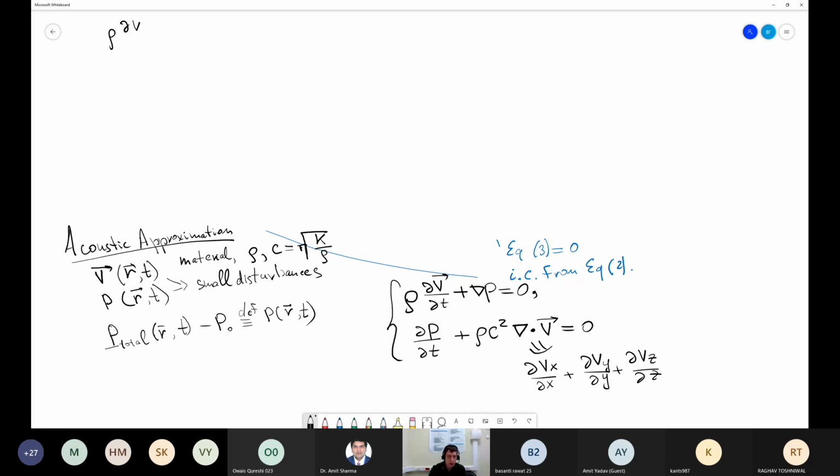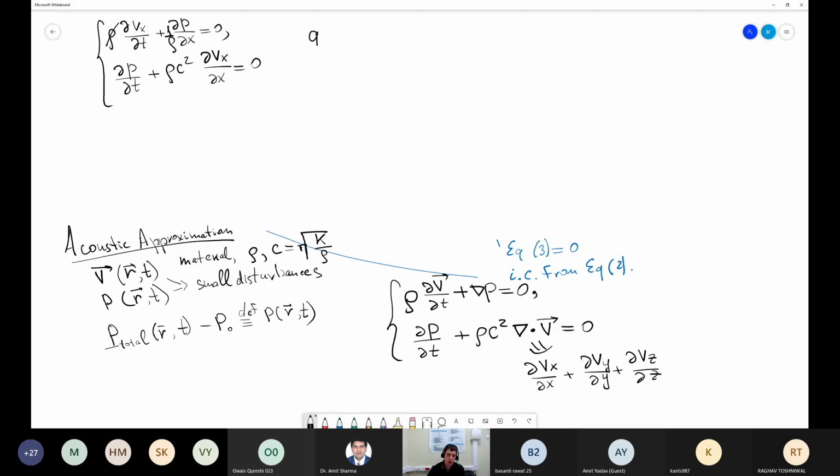Rho dvx divided by dt plus dp over dx is equal to 0. This is the first equation in the 1D case. And here dp over dt plus rho c squared dvx divided by dx equal to 0. We can divide the first equation by rho, and let's do it. Then let's represent this system in the matrix form.